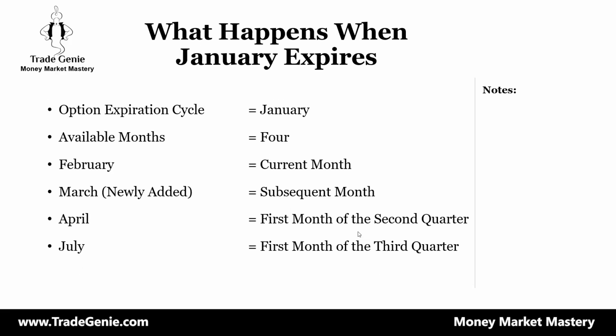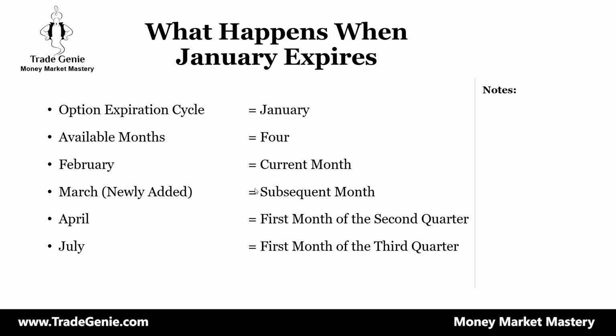Now, what happens when January expires? The January option will expire on January 20th. Let's say January 20th comes and goes, and now today is January 23rd.